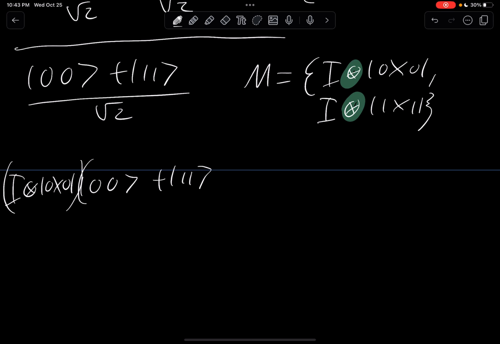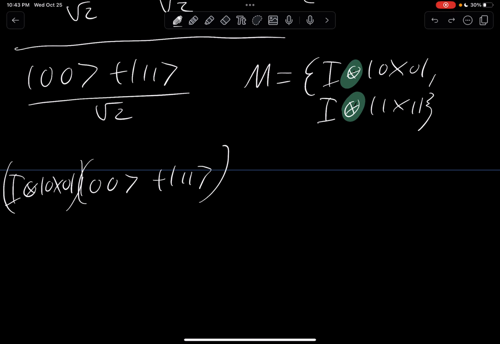So in quantum info, what happens quite often is that it will be implicit what we mean when we apply certain operators to certain qubits. So what we mean here is that this identity will act on this qubit here, which is the same as this qubit here.